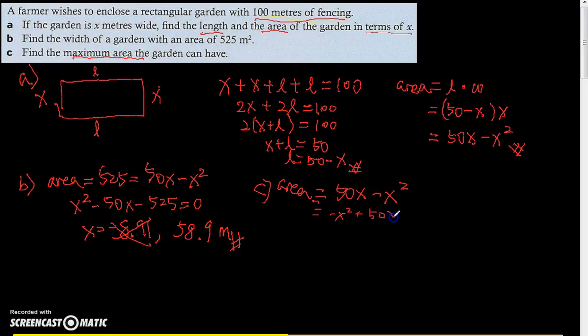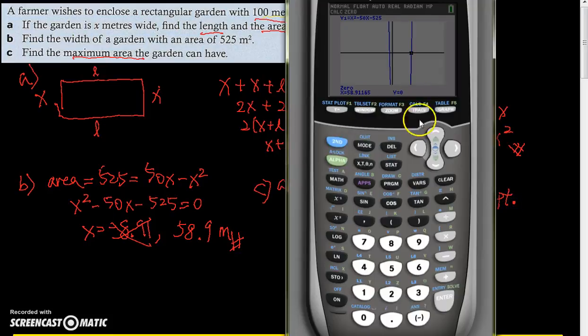And you might be asking, why do I have to rearrange that? Because when my quadratic equation is in standard form, I can see my leading coefficient. And when my leading coefficient is negative, my parabola opens down, correct? So which means I should have a max point. And that's exactly what I'm going to look for on my calculator.